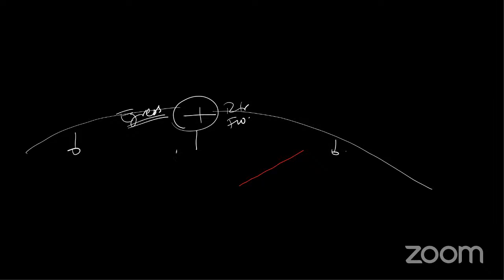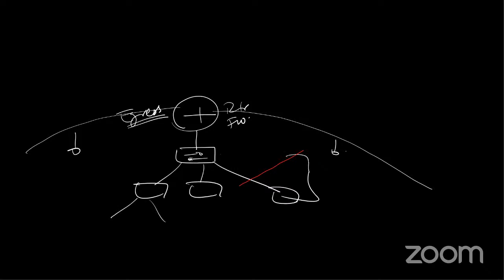You have maybe some switches here, aggregation switches, maybe one aggregation switch connecting to access switches, and you have maybe OSPF running here. Do you understand? This is your entire enterprise. This router is to route your traffic out to the internet.